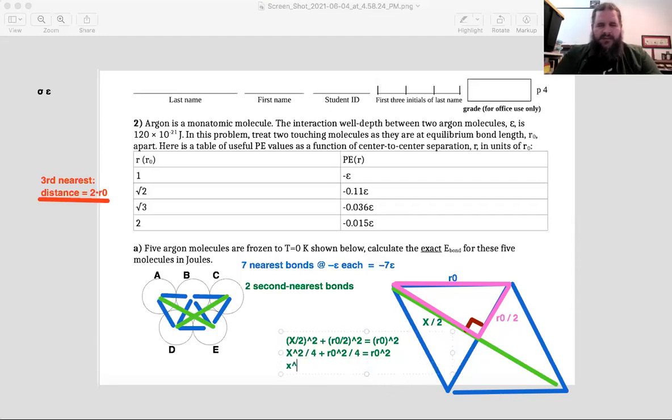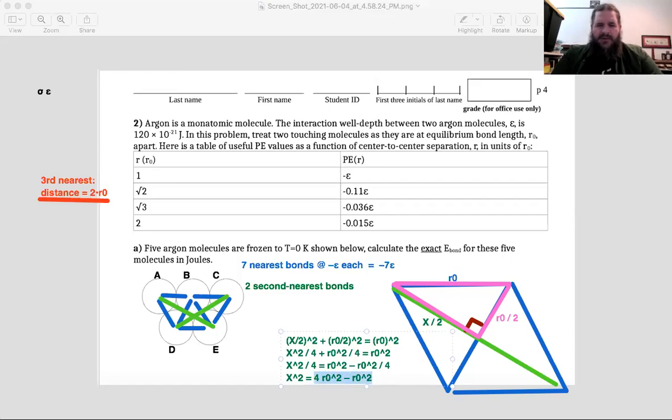Sounds good. x squared over 4 equals R naught squared minus R naught squared over 4. And then, yeah, we'd want to multiply by 4 first. So multiply both sides by 4. We get x squared equals, and we're distributing the 4 to both of these. So 4 R naught squared minus 4 times R naught squared over 4. The 4's cancel out, so just R naught squared.